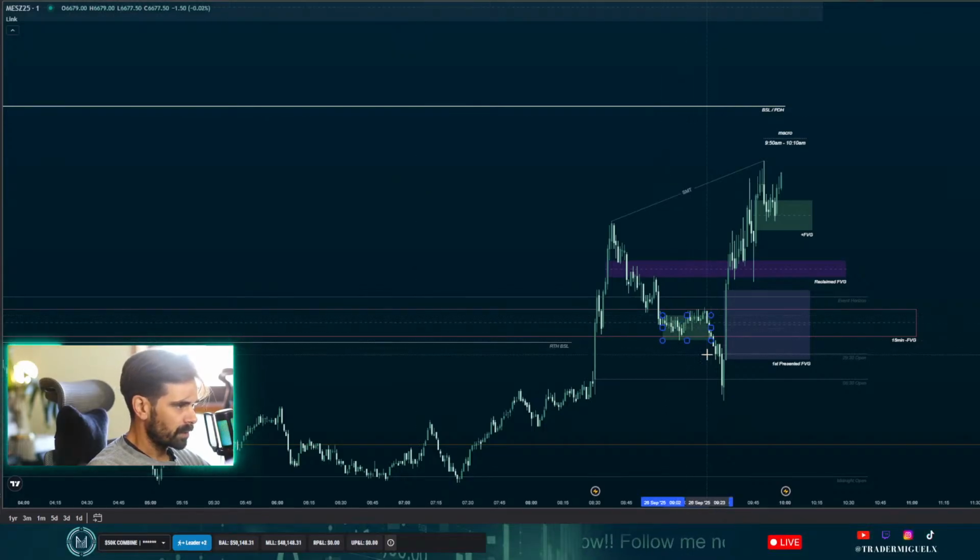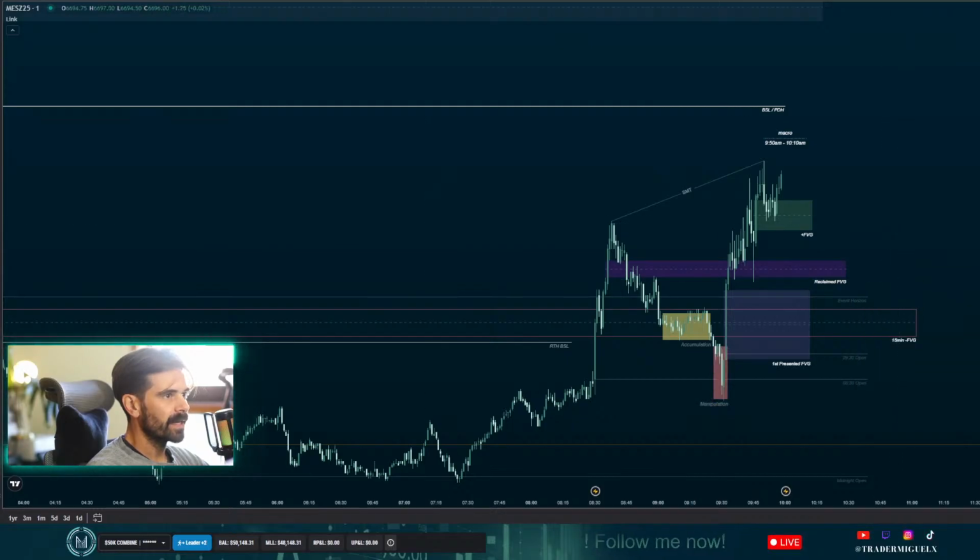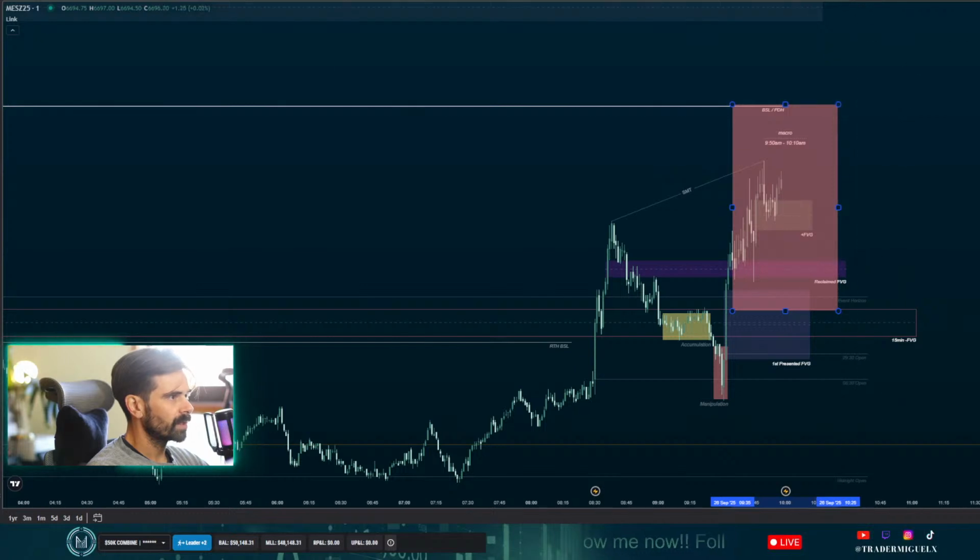Yeah, looking at in hindsight right now, we have some sort of accumulation pre-open. As soon as the market opens, we have the Judas swing, which is the manipulation, and then the distribution.